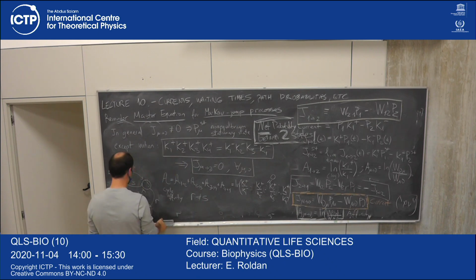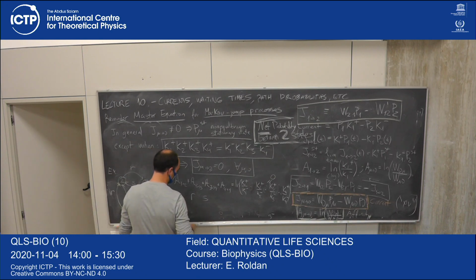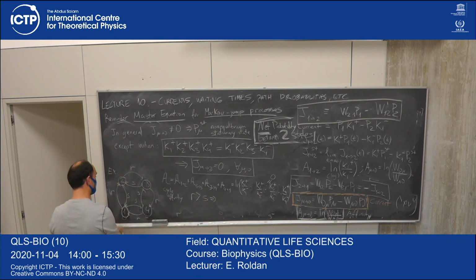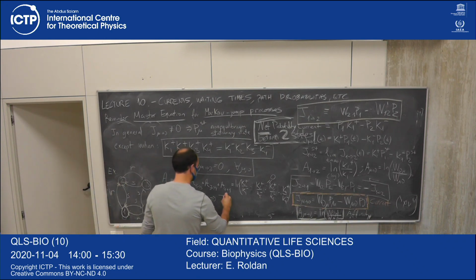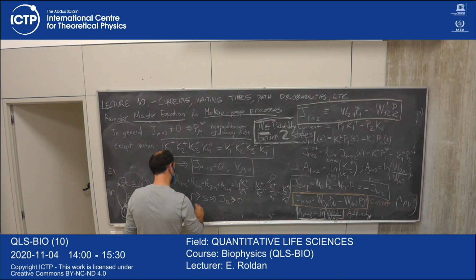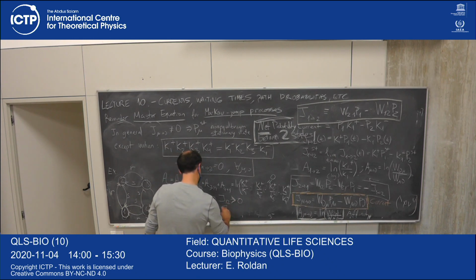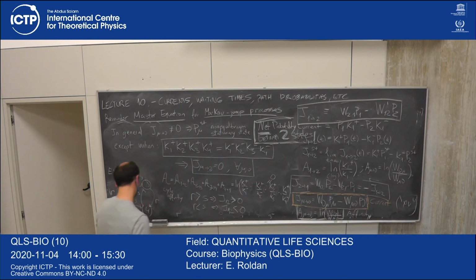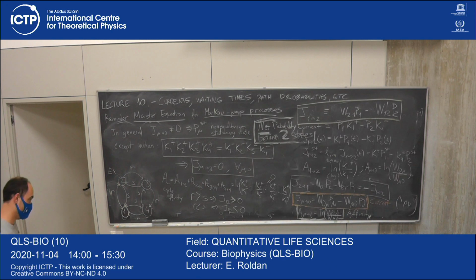If R is bigger than S, there is a clockwise current, and the current is homogeneous, so J12 is positive, and with R smaller than S, J12 is negative. This is an example, but we can do many others.